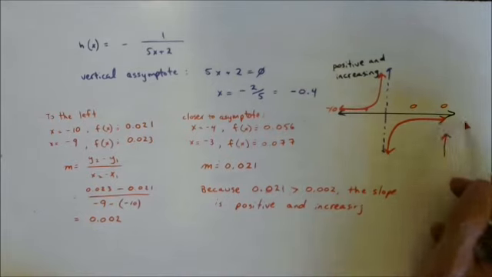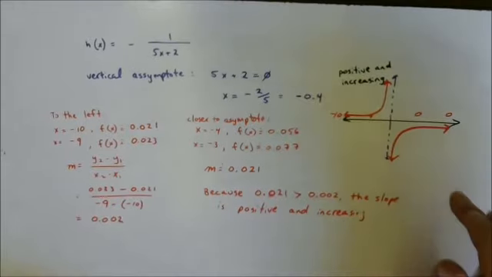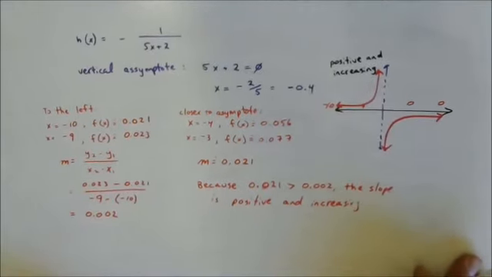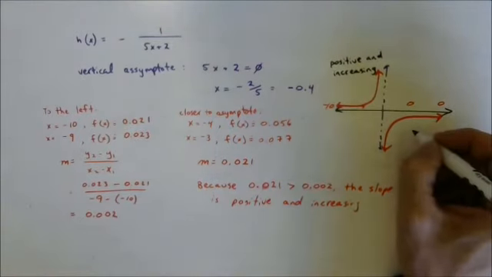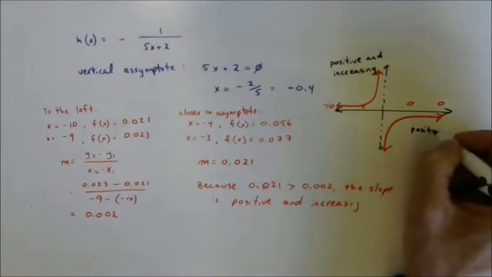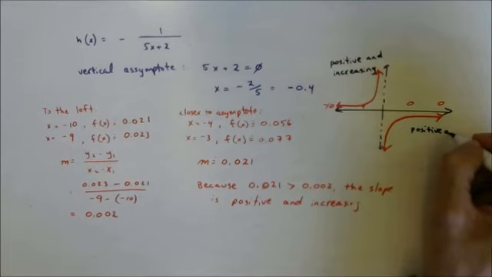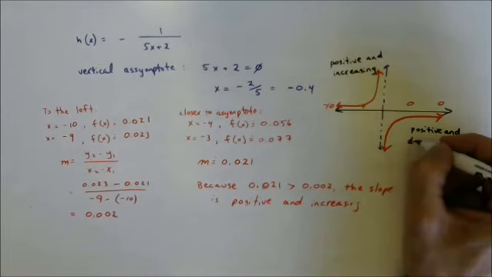It's getting closer and closer to a slope of 0. But it's a more positive number. But the slope itself is not increasing. The value of the function is increasing, but the slope is not increasing. So down in this leg, it's positive and decreasing.